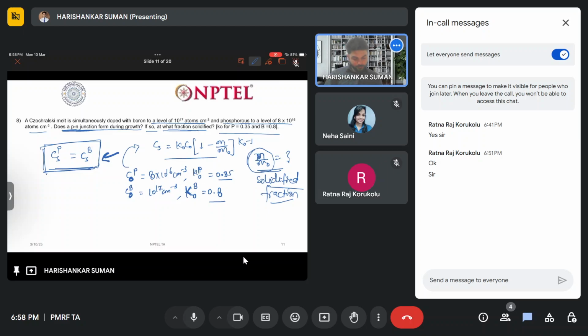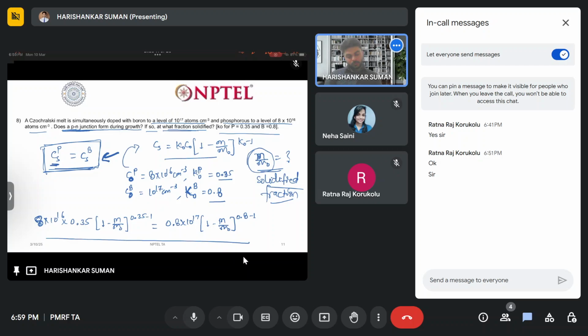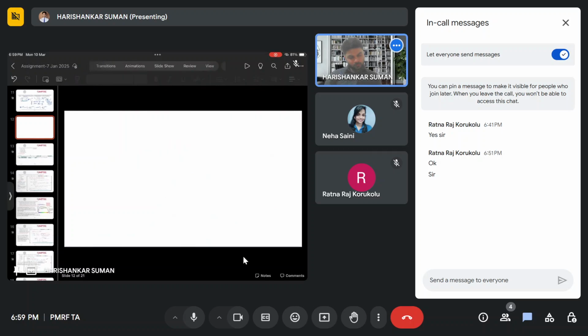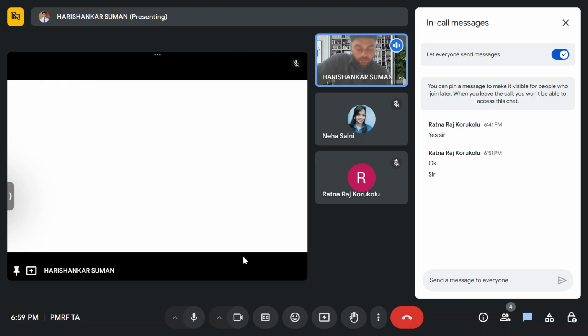Let me put CS4 possible plus V naught equal to, okay, so this is the situation. Now we have to solve this equation.